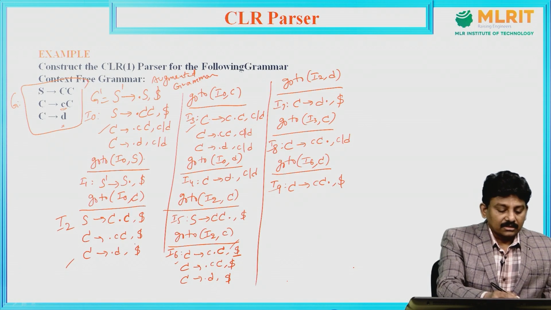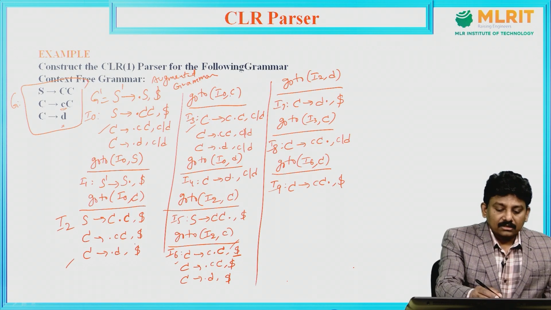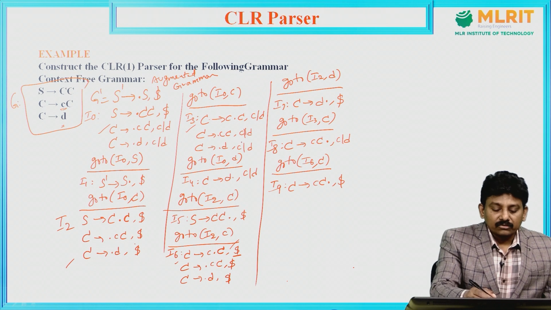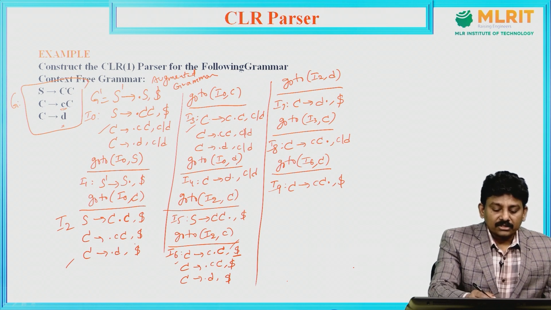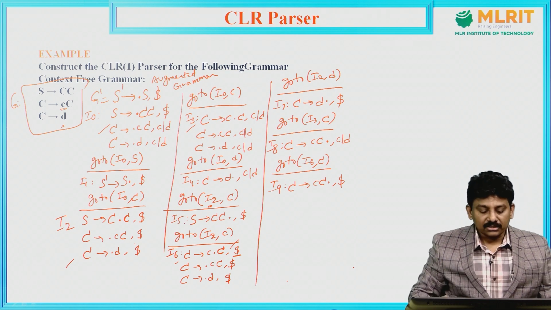In the go to table we only consider non-terminals. From I2 on C, state 2 goes to I5, so row 2 under C, write 5.